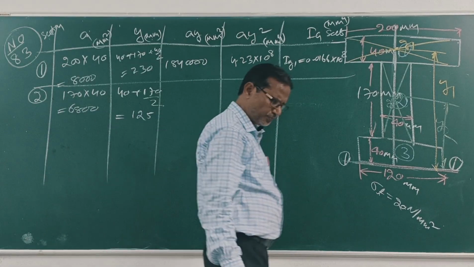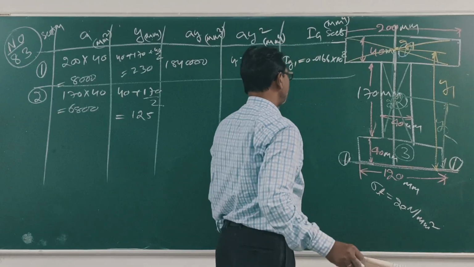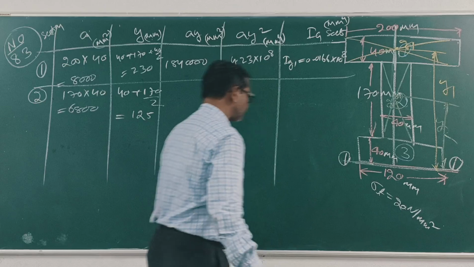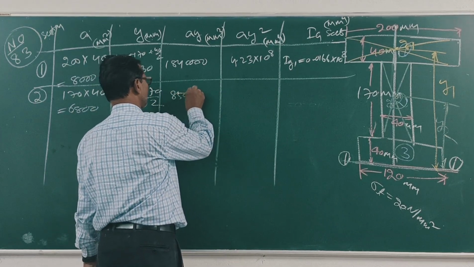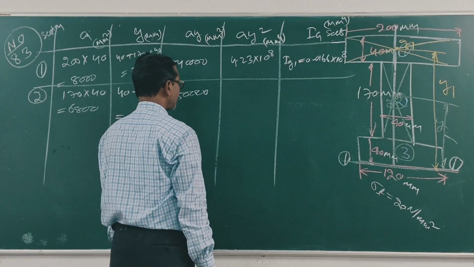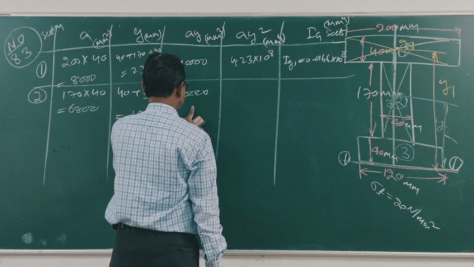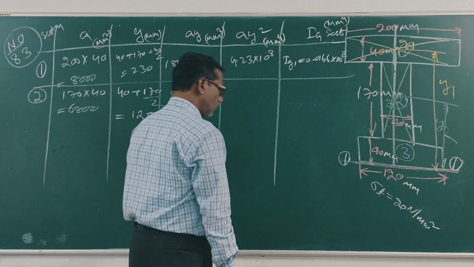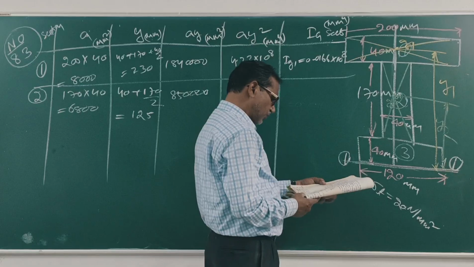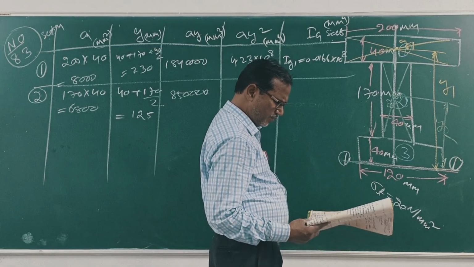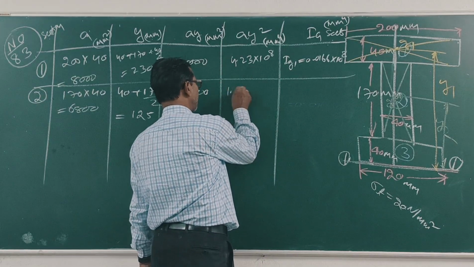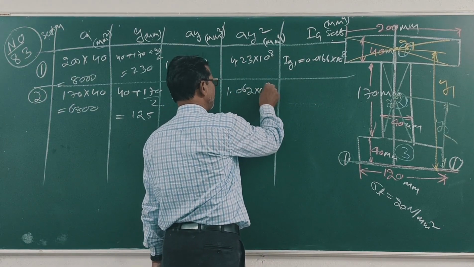Y2. Next, ay. What is ay? 8540. Ay square, again y multiplied by y, 8540 into 125. Clear? This is ay square, 1.062 into 10 to the power 8.